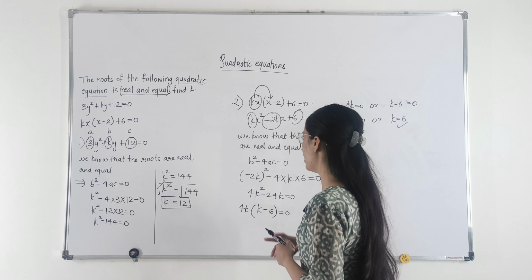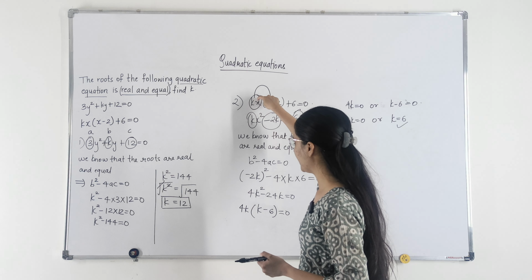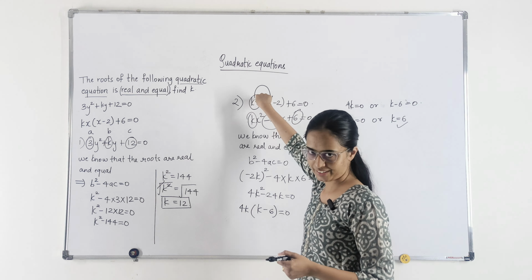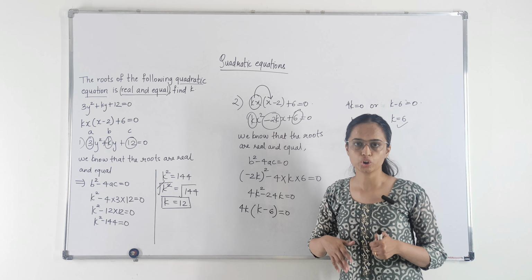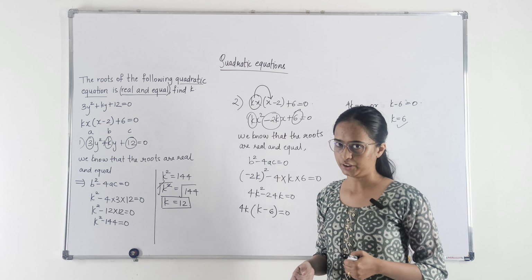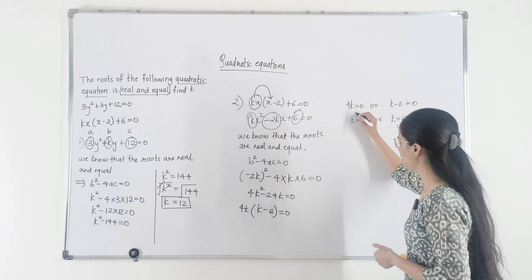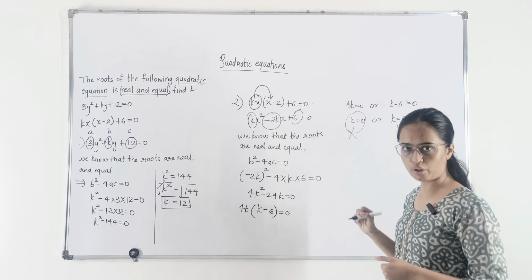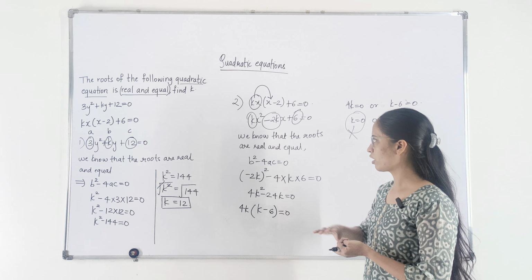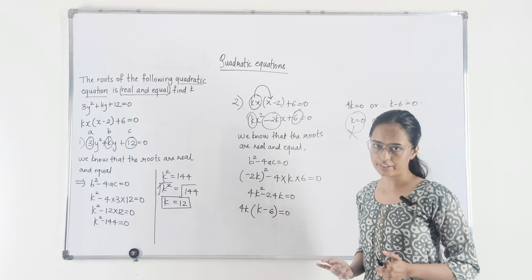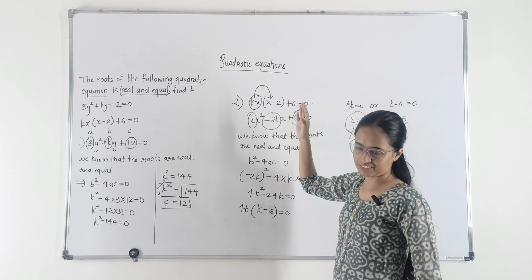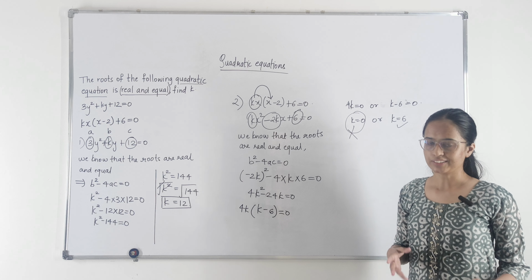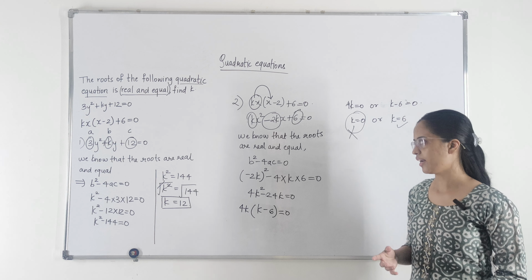Why is that so? Because when you try to substitute k as 0 in this equation, you get a constant number which is 6, and hence your quadratic equation is no more a quadratic equation, and that is why k equals to 0 can't be the value for k. Whenever your k is 0, your quadratic equation doesn't remain a quadratic equation because this entire term vanishes and just 6 is the number that stays, and you know that 6 is a constant and it's not a quadratic equation.